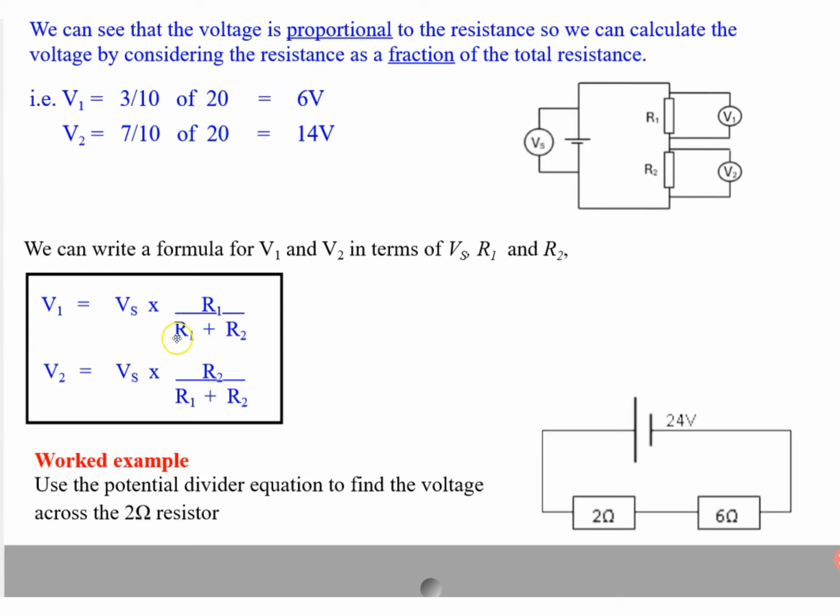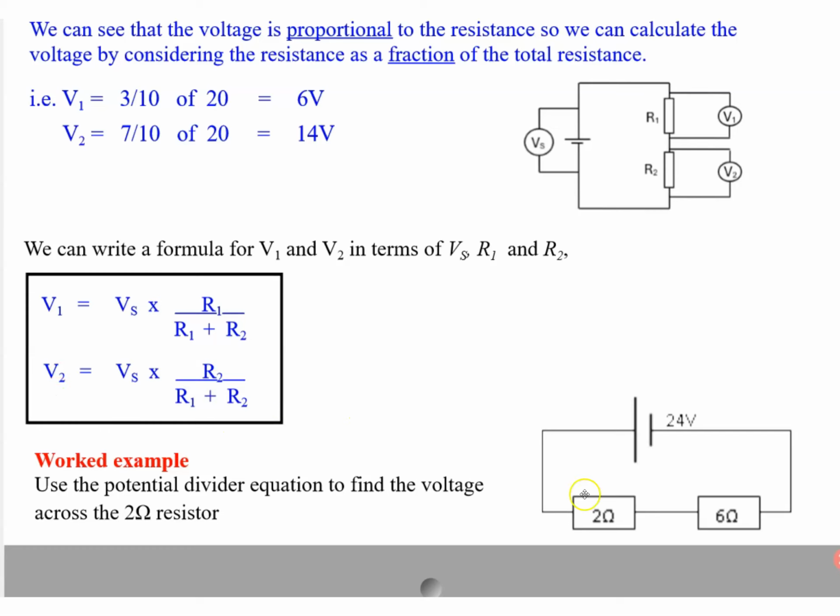So R1 divided by R1 plus R2, multiplied by the supply volts, will give me V1. And V2 is basically the same, but rather than R1 on top, we place R2. This is called the potential divider formula or equation. It can be written in various different ways, but this is the one we're going to use in this lesson.